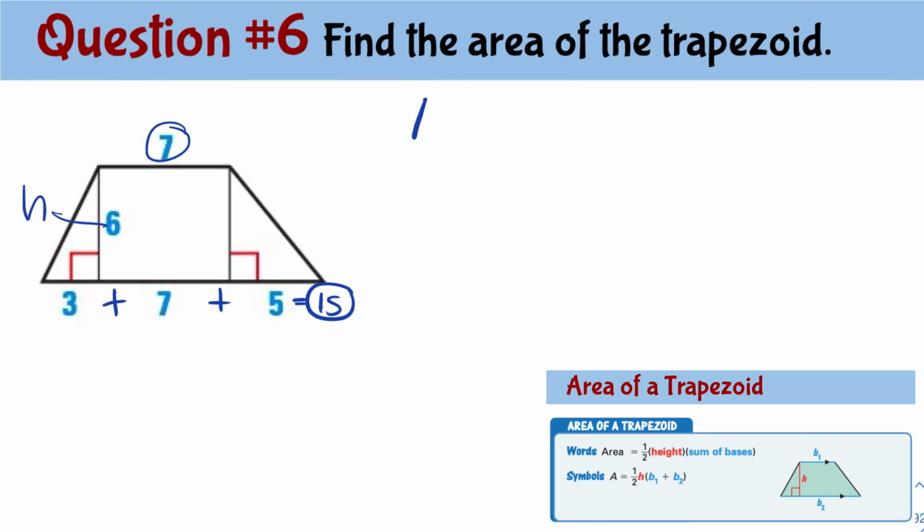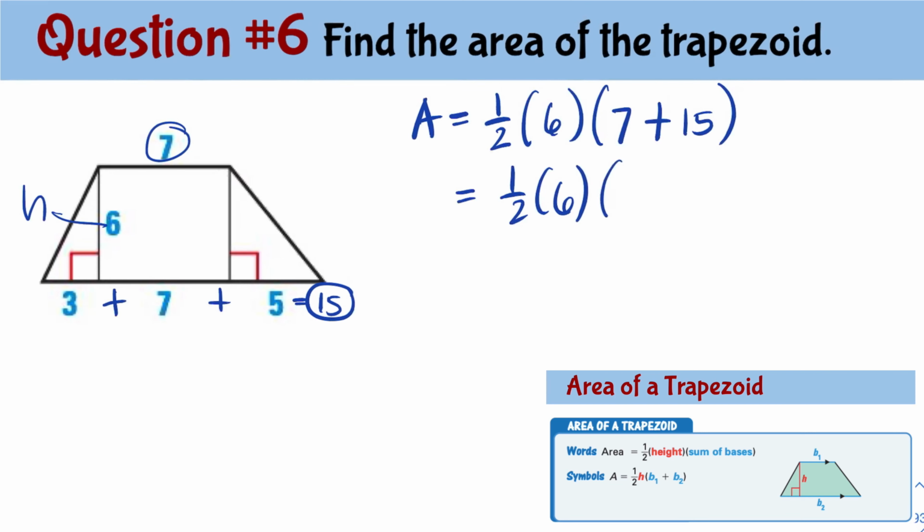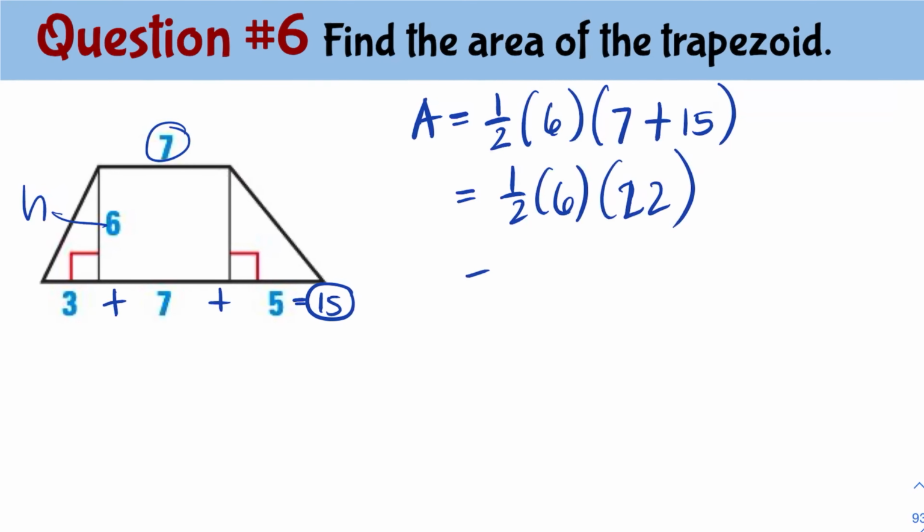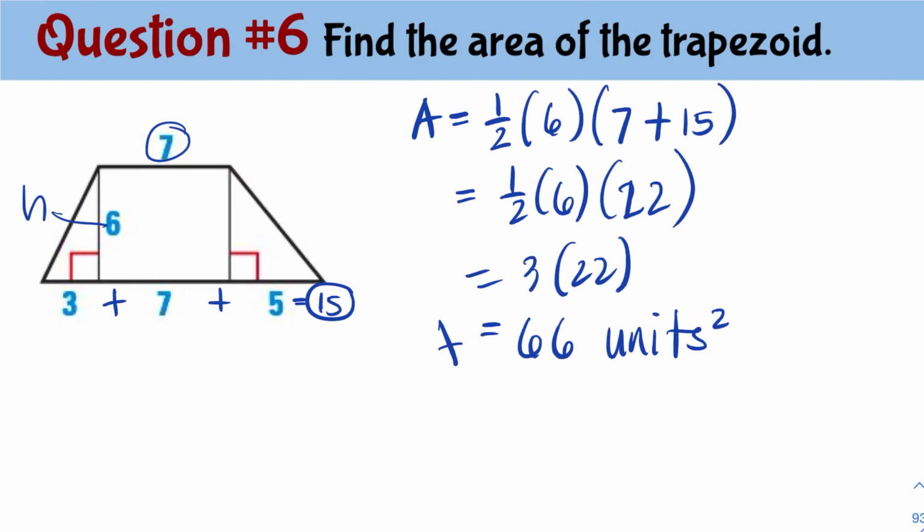So we have area is equal to 1/2 times the height is 6, base 1, 7, base 2, 15. So we have 1/2 times 6 times 22. So now we have 3 times 22, and that gives us 66. So the area here is 66 units square.